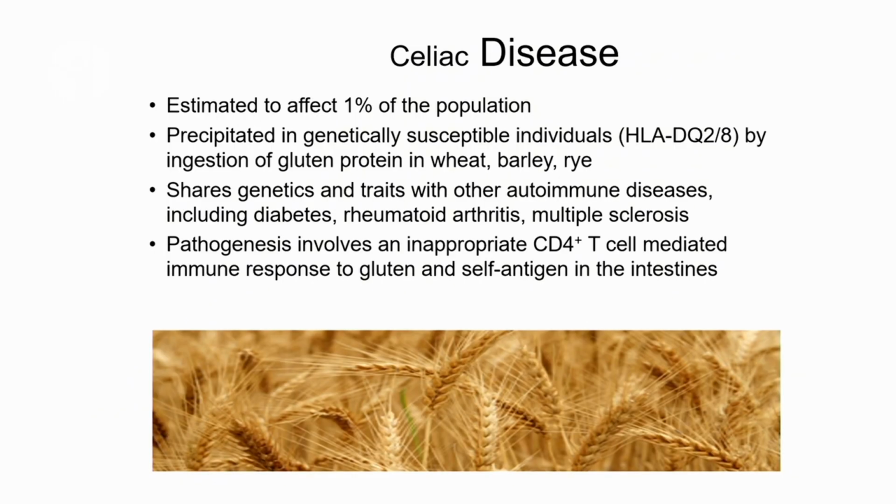So this slide I really don't need for this audience, but we all know that celiac disease is a very common autoimmune disease that affects about 1% of the population. We know that the celiac genes, so to speak, are HLA-DQ2 or DQ8, so they confer susceptibility to celiac disease. But importantly, not everybody that has those HLA types does have celiac disease.